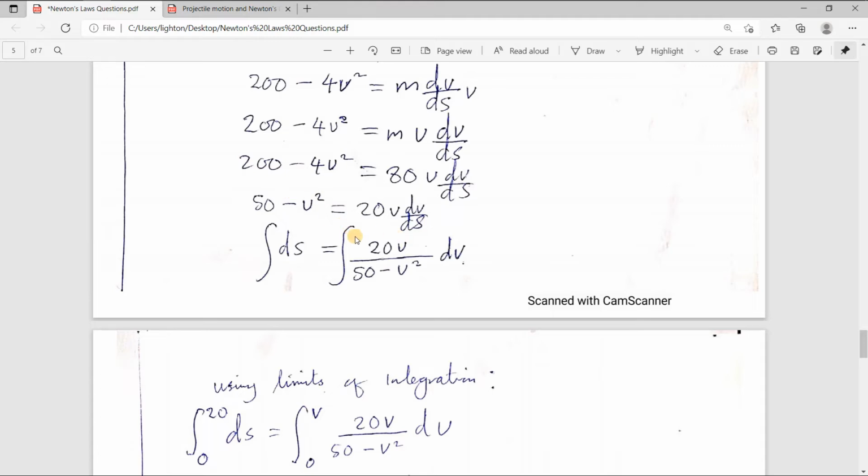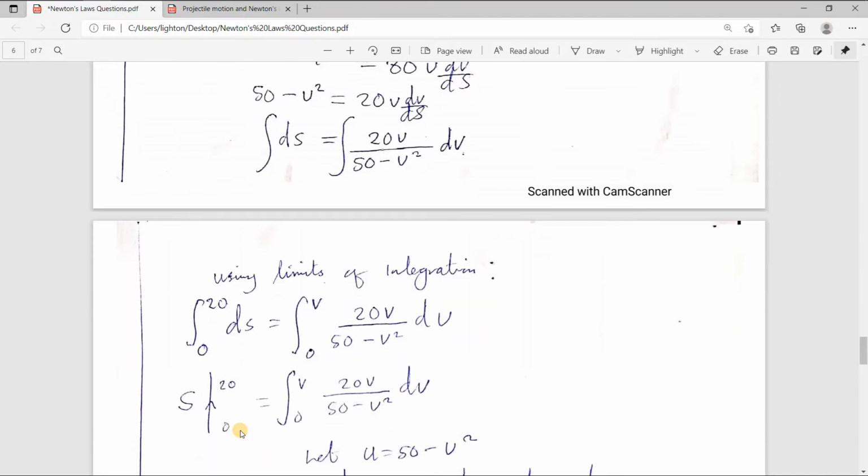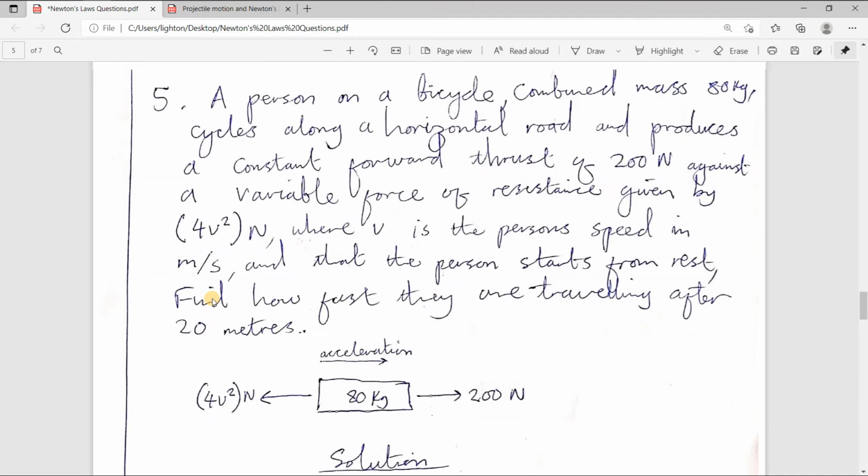Having this expression, we can integrate both sides now, so that the integral of ds is just s, and of course we must put in the limits. Displacement is running from 0 to 20. This object is starting from rest, so initially it is at 0, and goes to 20, the position as we've been given.